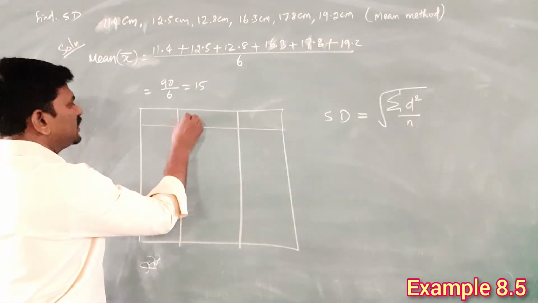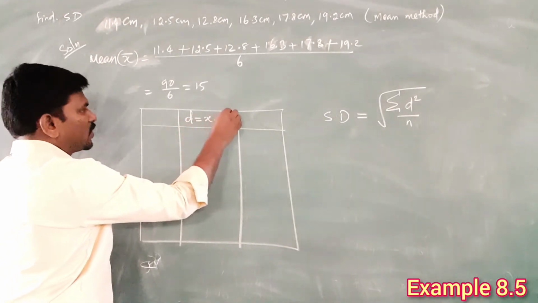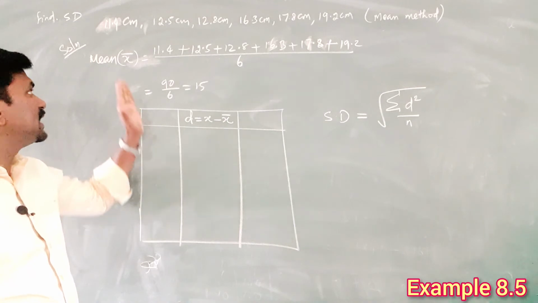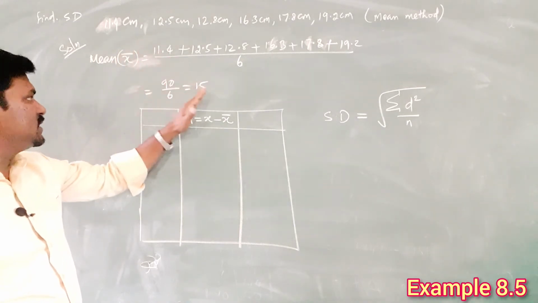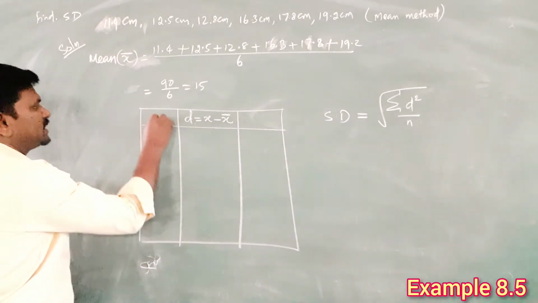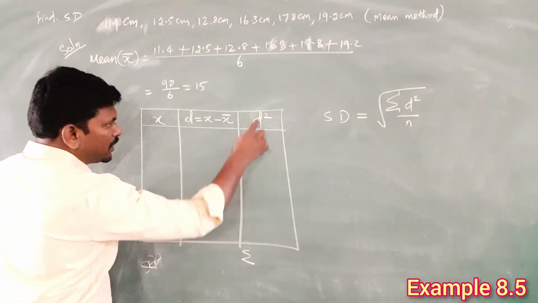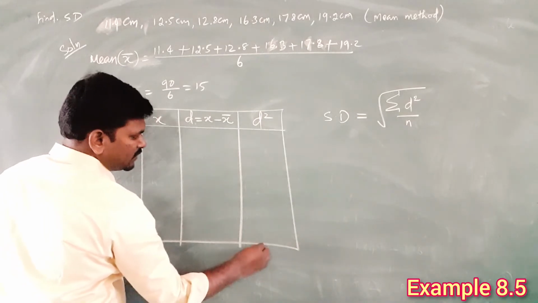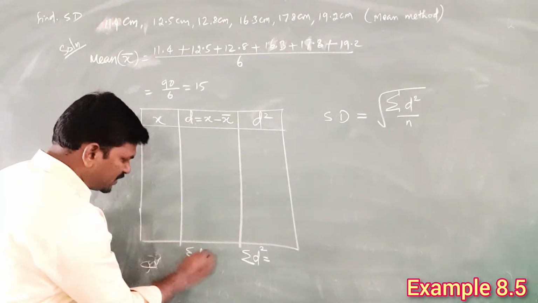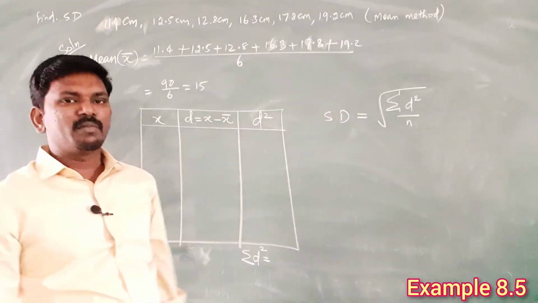Here d will be x minus x bar, the difference between the observation and the mean. So this is x and we can find d square. Finally if we add all the d square, that is the summation of d square. Summation of d we do not need to find, we only need the sum of d squares.